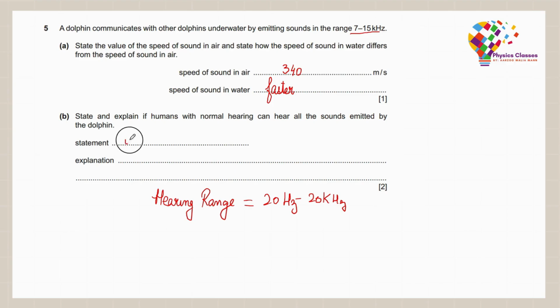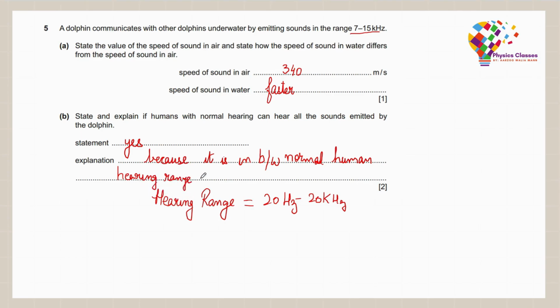Since the sounds that are emitted by dolphins also lie between this range of 20 hertz to 20 kilohertz, therefore the statement is correct. So yes, the answer here is yes. Humans with normal hearing can hear all the sounds emitted by the dolphin because they lie in the normal hearing range for human beings.